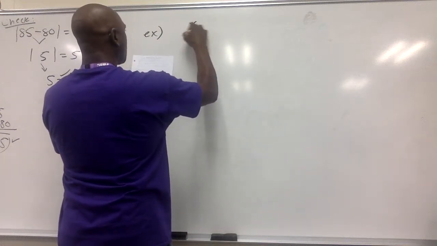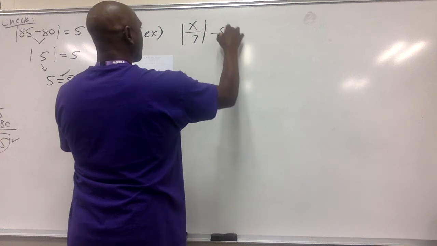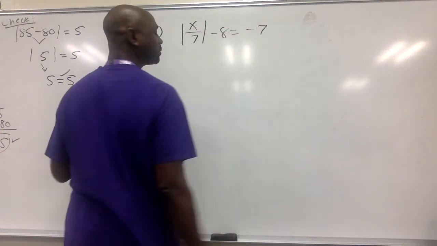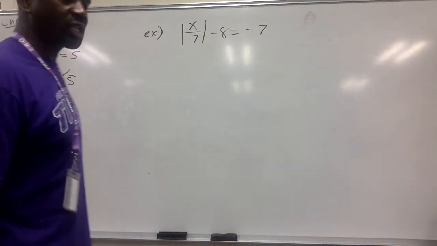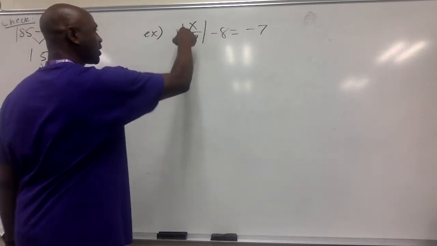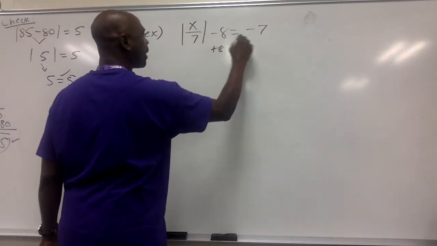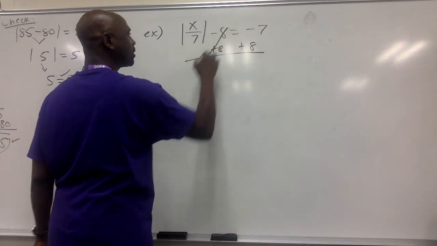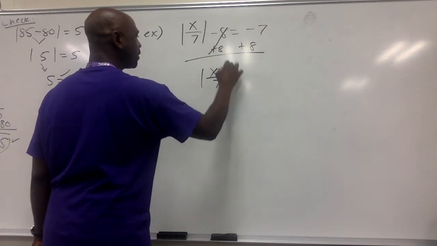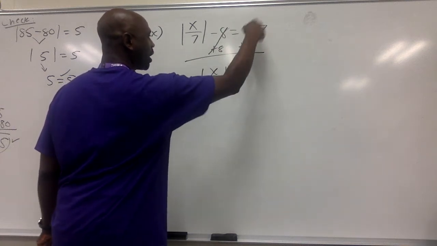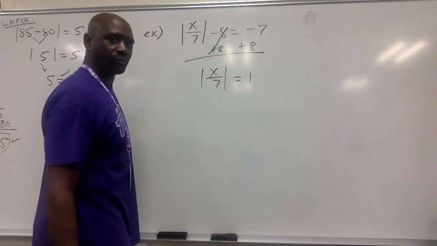Let's do the absolute value of x over 7 minus 8 equals negative 7. All right. Given that one, I don't want to address this yet until it's isolated. So let me get rid of this 8 by adding it to both sides. I still have the absolute value of x over 7. And over here, I have a positive 1.